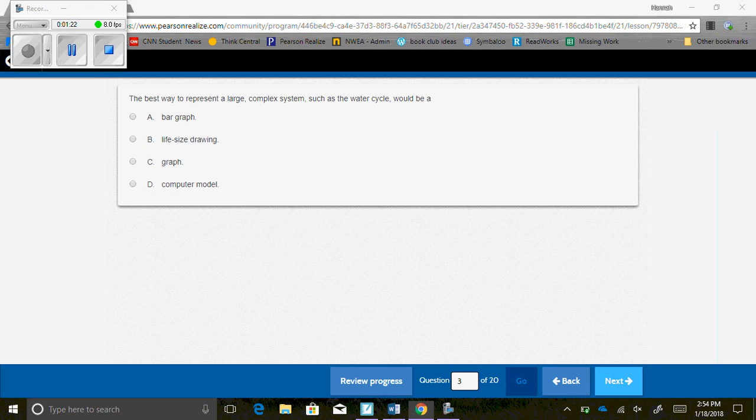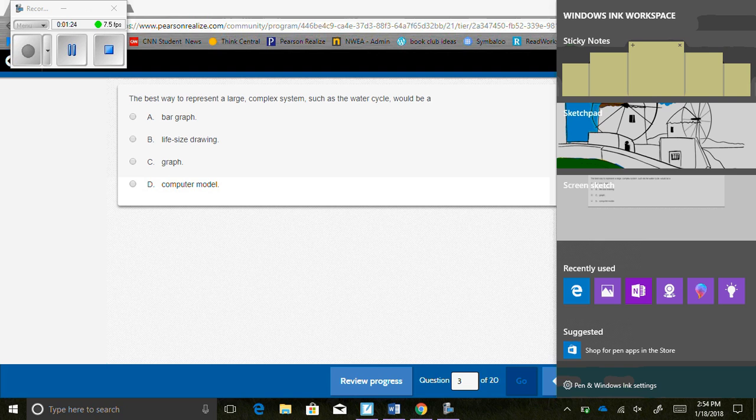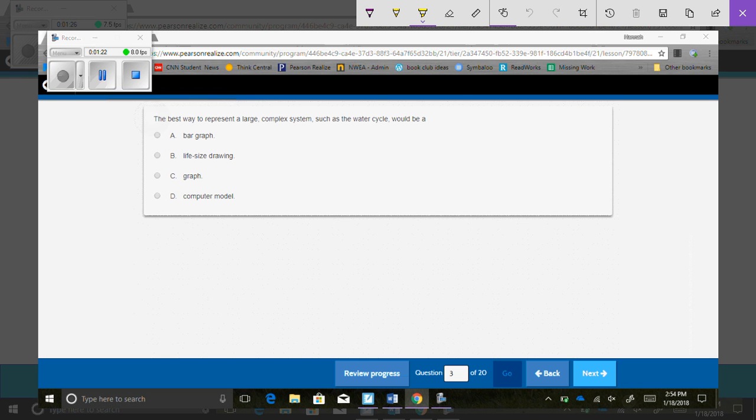Question number 3. The best way to represent a large, complex system, such as the water cycle, would be A, bar graph, B, life-size drawing, C, graph, D, computer model.